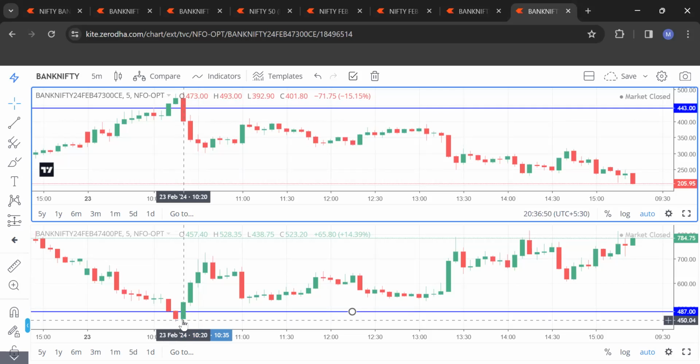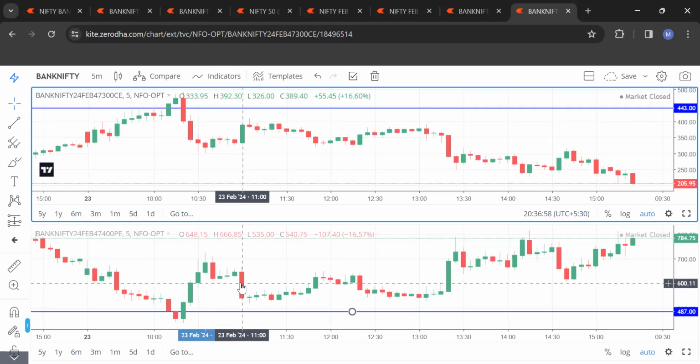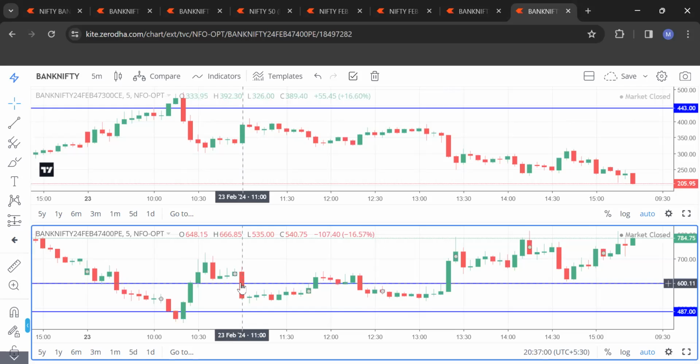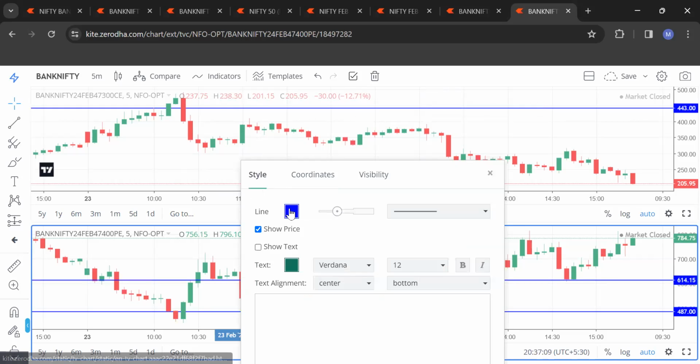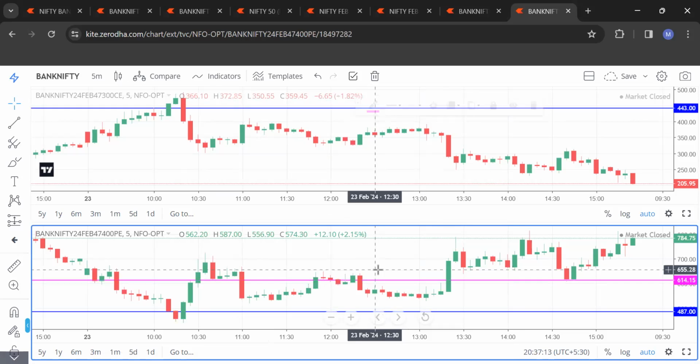Sir, at what level should we enter in this? 26.11%, that is again 487 plus 26.11% is 614.15. Next will be 50% plus 50%, that will be 730.5.